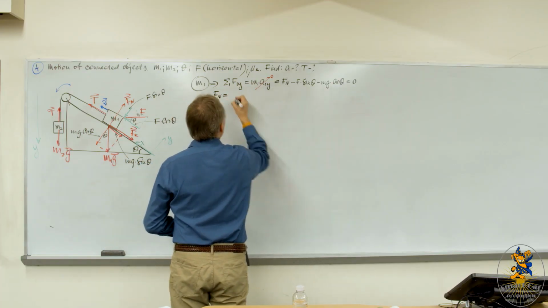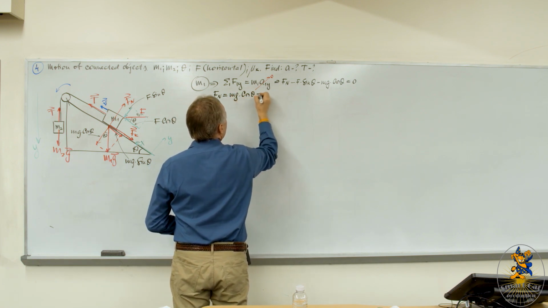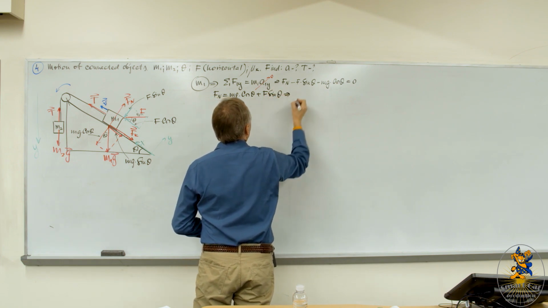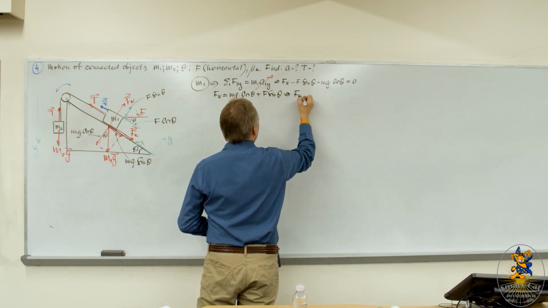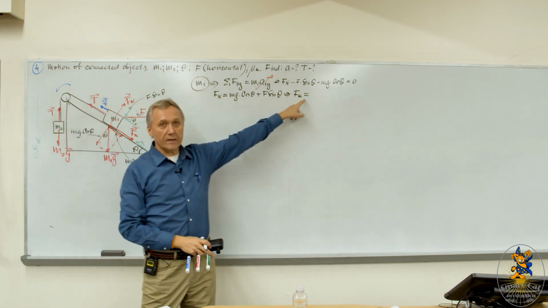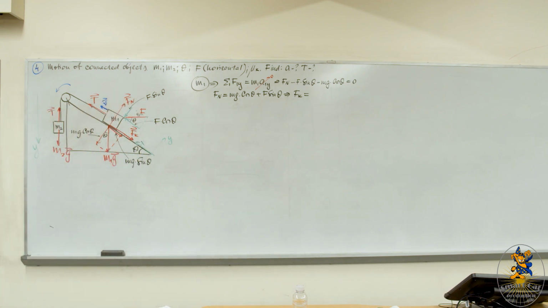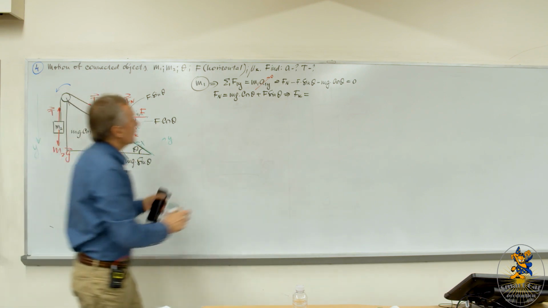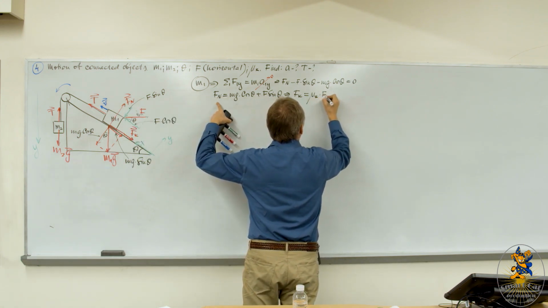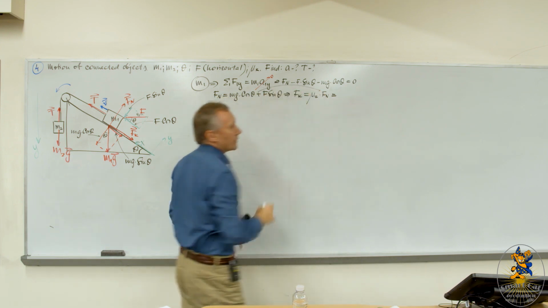So both terms go to that side. So it's mg cosine theta plus F sine theta, and from here I can get the kinetic friction. This is the normal force, this is the kinetic friction force, so the subscripts are different. So it's mu k times the normal force. So just all this will be moved over there.